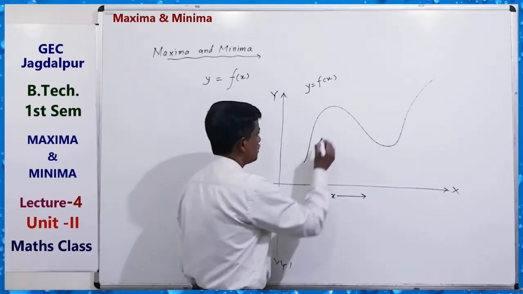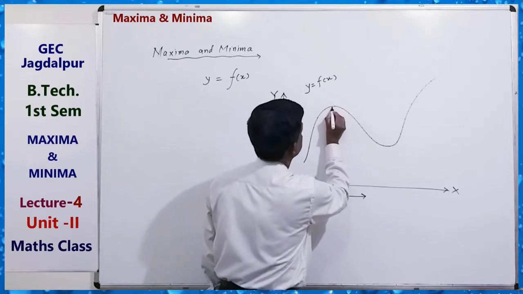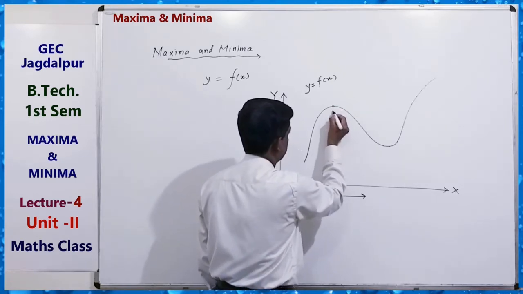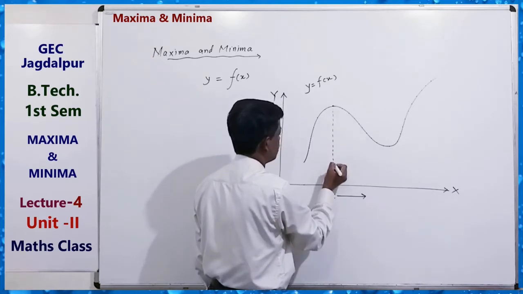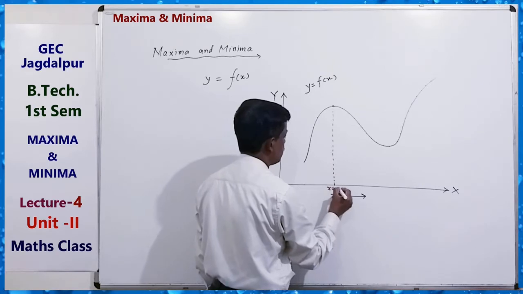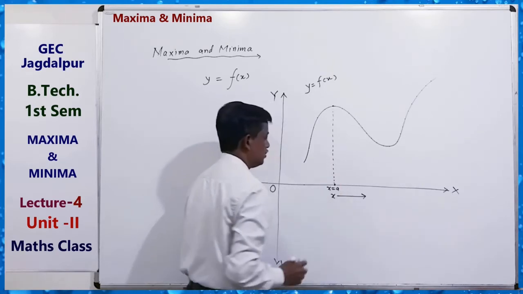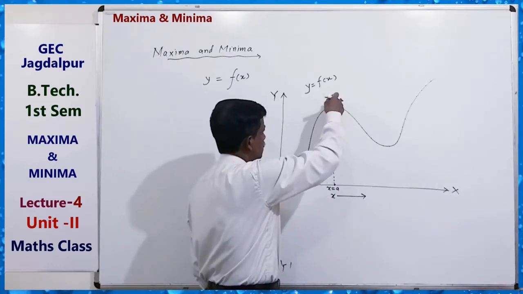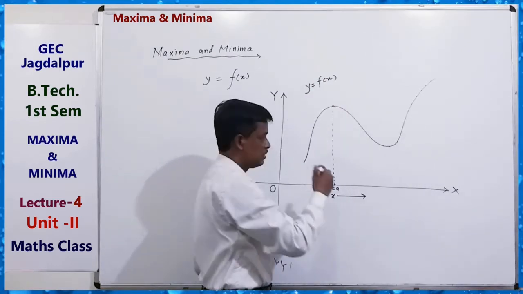Suppose this is the point corresponding to x equals a. Corresponding to x equal to a, the value of the function is this.